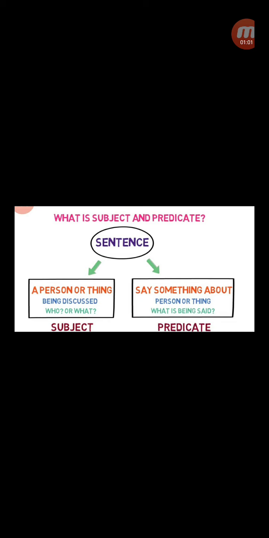And a predicate says something about our subject, that is a person or a thing. What is being said about that subject means what is that subject doing. That means it gives us little information about a subject.